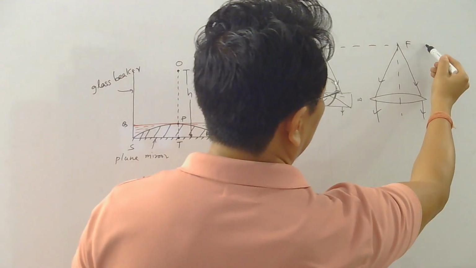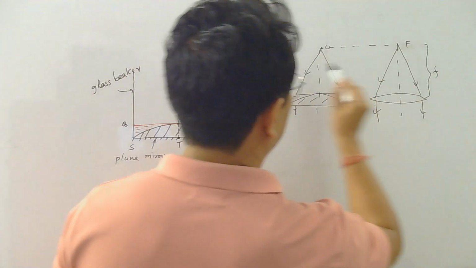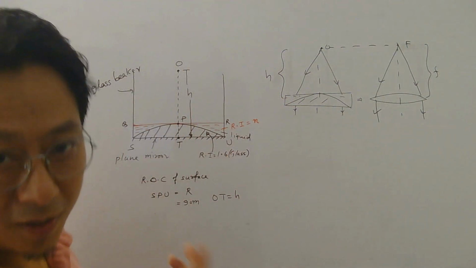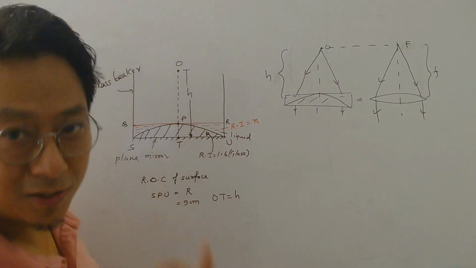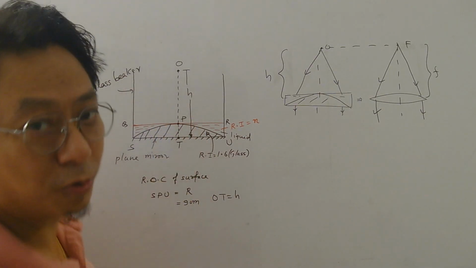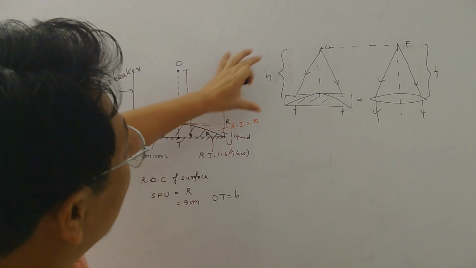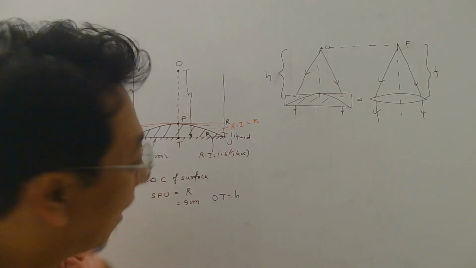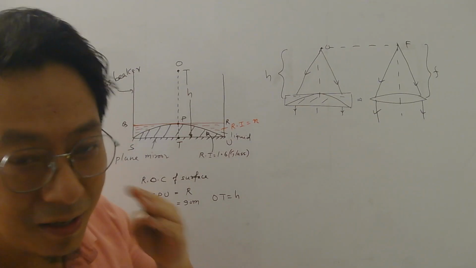Therefore, the focal length is the same as this height h if you neglect the thickness. In this question, the thickness is not mentioned, so we will assume it to be negligible. So this h can be measured from either here or here. That doesn't matter because this thickness is negligible.